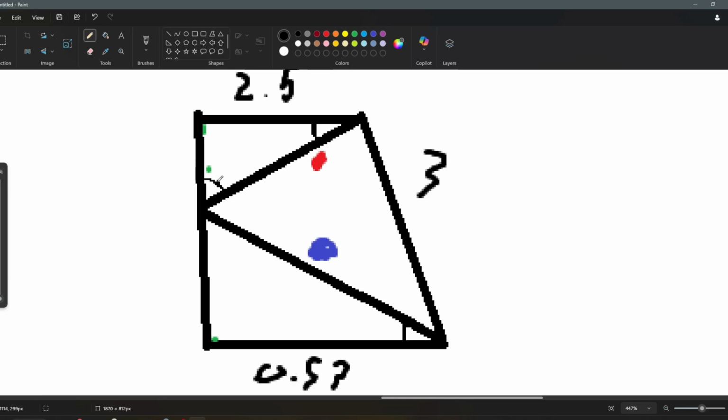And we know that this is equal to this. This is at a right angle. Oh, we might be getting somewhere. This is at a right angle, because we bisected it, so it's perpendicular, right?